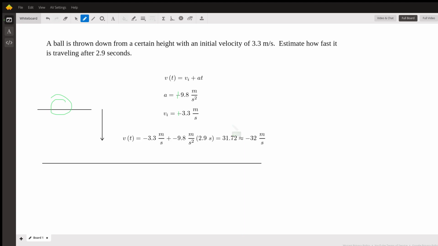But it's important to keep in mind that direction, velocity and acceleration are not always pointing in the same directions.